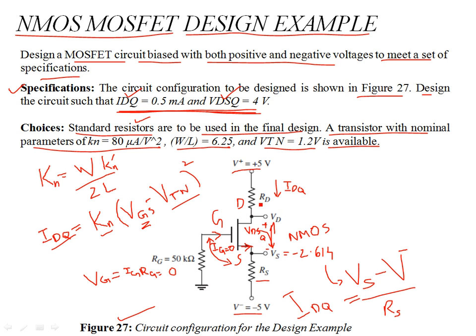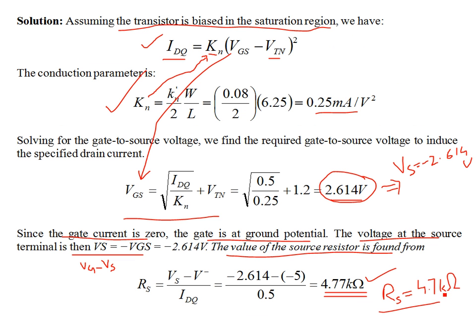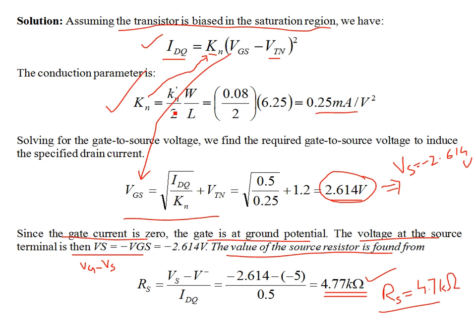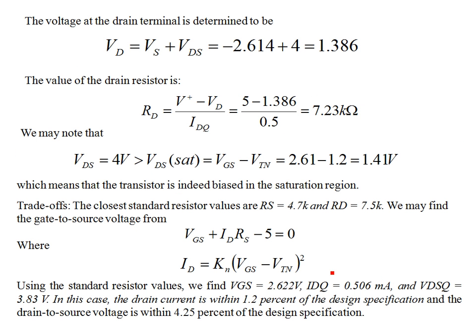Let's go ahead and find RD. Then we can figure out how much we can deviate from this IDQ and VDS so that your RS becomes 4.7 kilo ohms for the given 0.5 milliamps, and also that if what we assumed before, that the transistor is biased in the saturation region, is true. In order to plug in 4.7K instead of 4.77, how much we are going to deviate from IDS has to be found out as well.